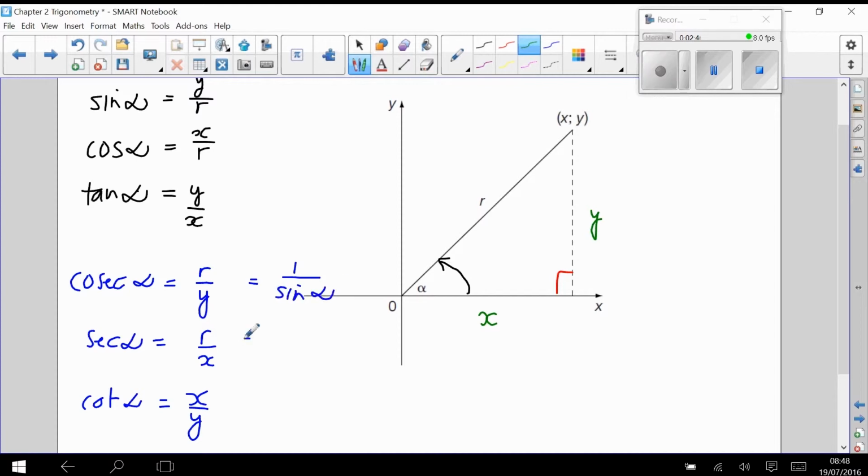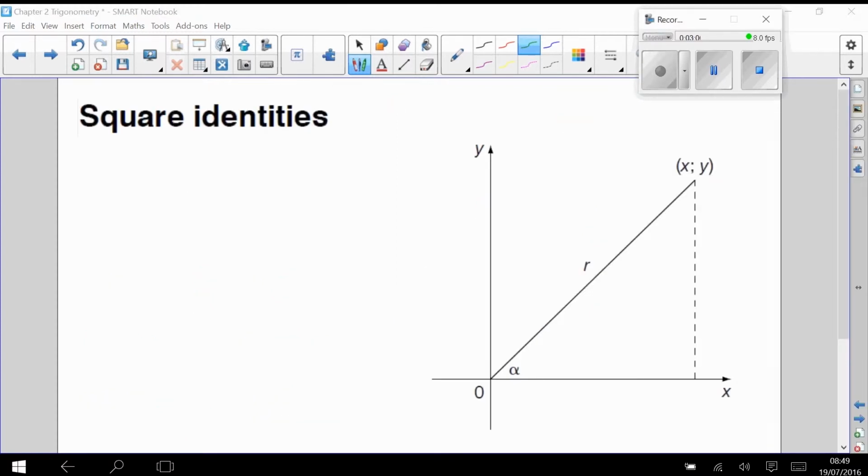Sec alpha could have been written as 1 all over cos of alpha, and cot alpha could have been written as 1 all over tan of alpha. Using these 6 ratios, I'm going to explore some identities. These identities all use square numbers, and so I call them square identities.